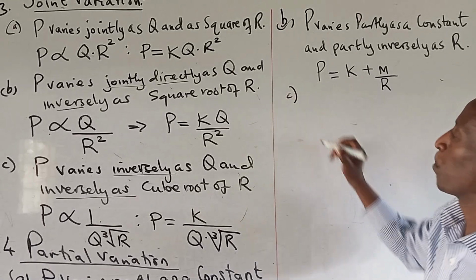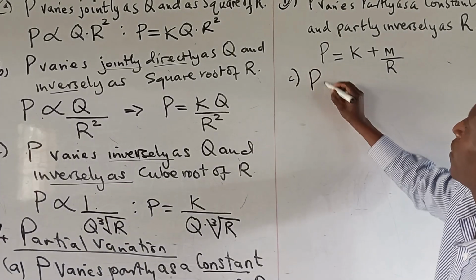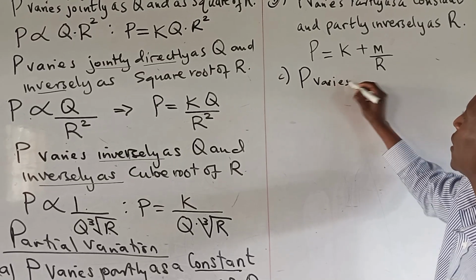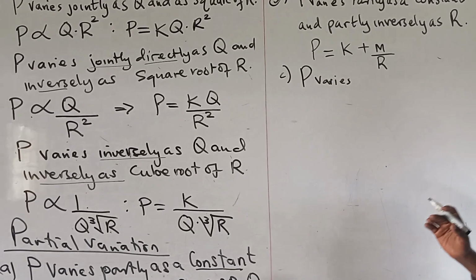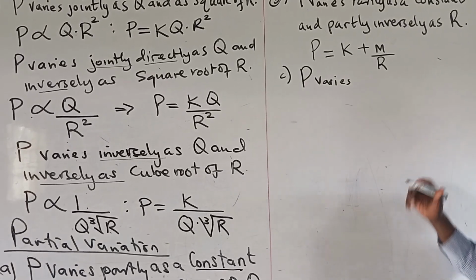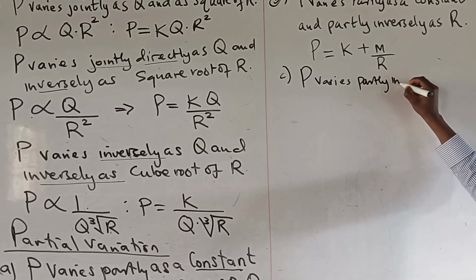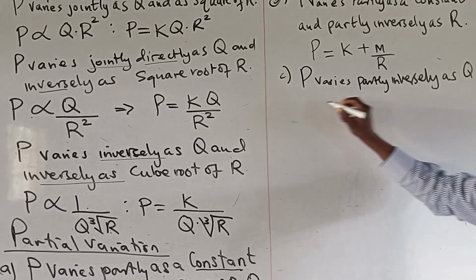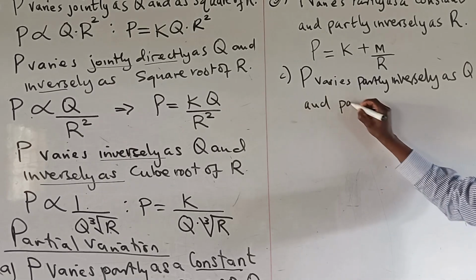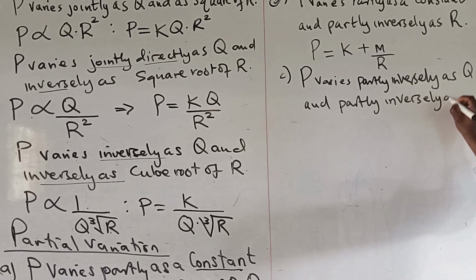Let's look at C. We have a case whereby a variable P varies. We look at inverse in both cases. It varies partly inversely as Q and partly inversely as R. How is that?